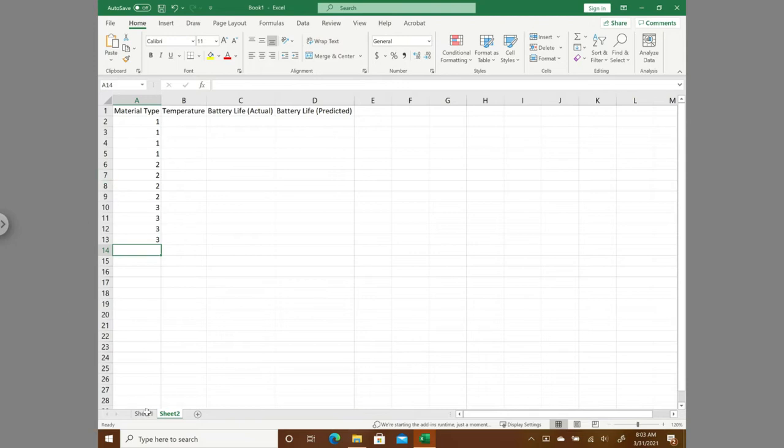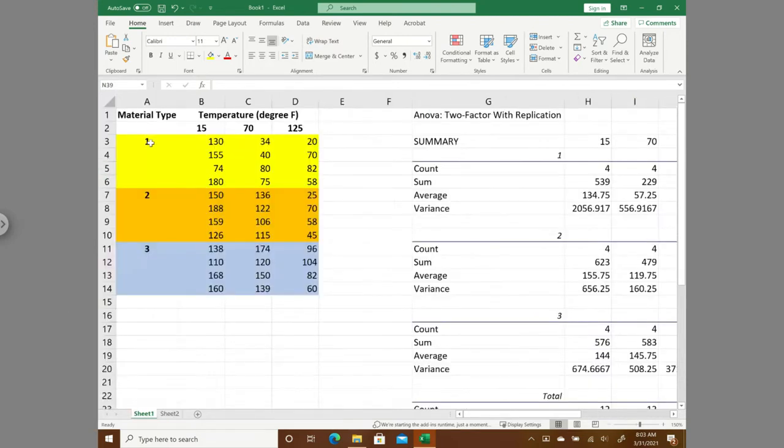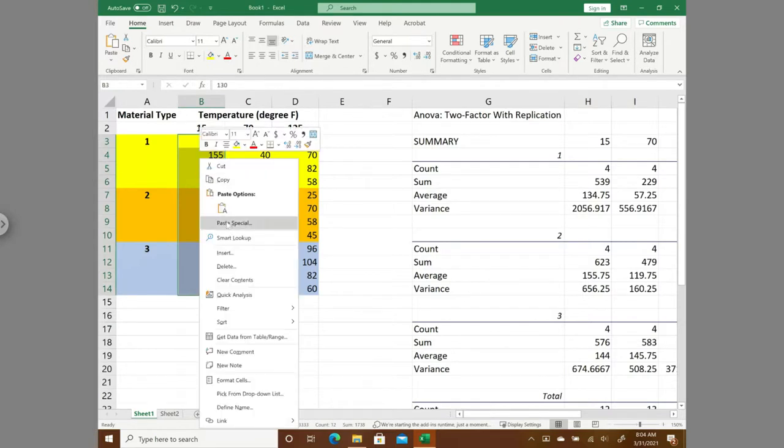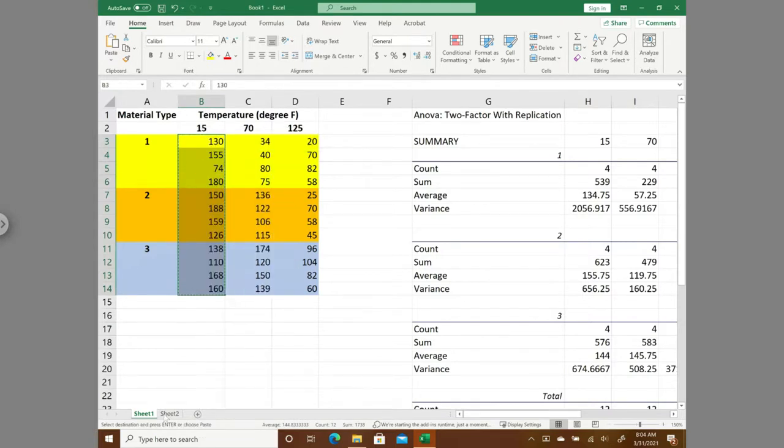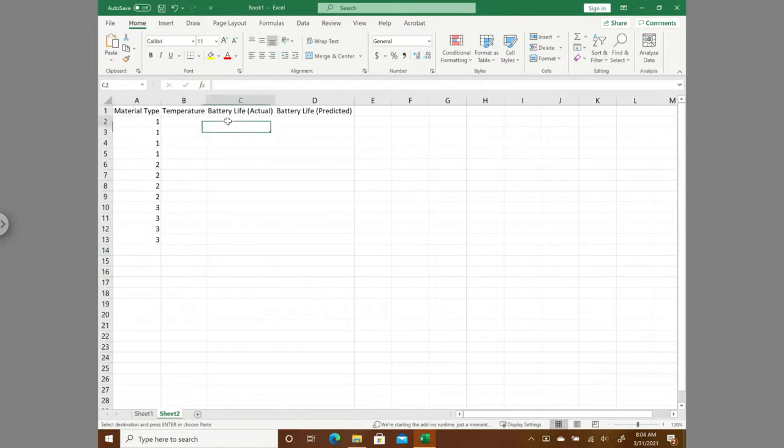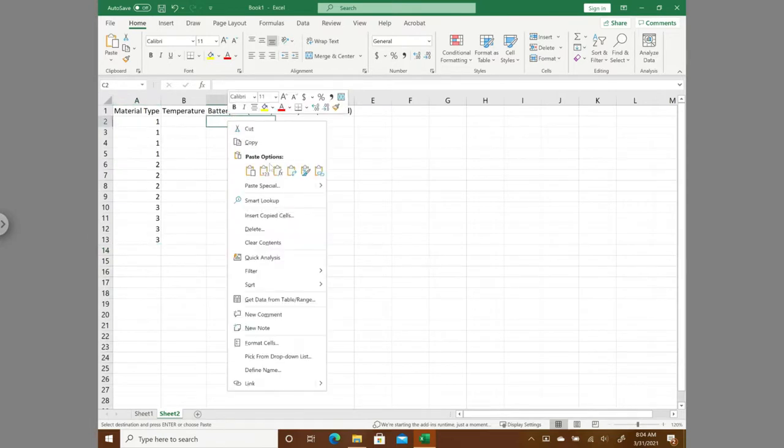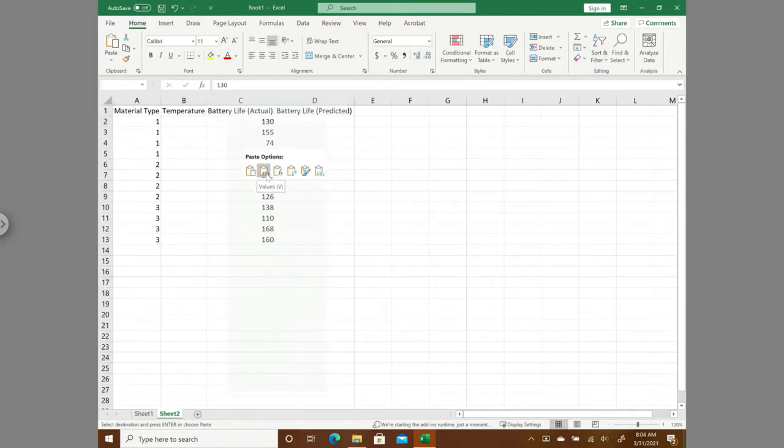So that's material type, and the actual battery life that we observed after performing the experiment is these values, right? So I'm going to copy them and paste them here as values so we don't get those color codings.